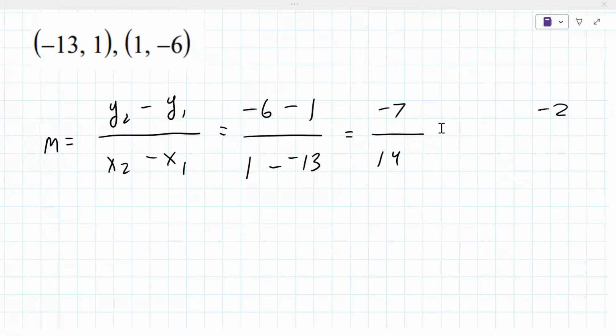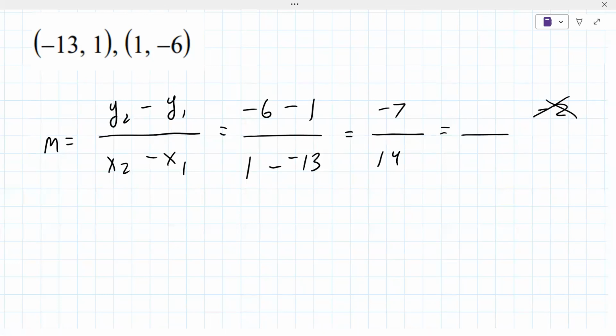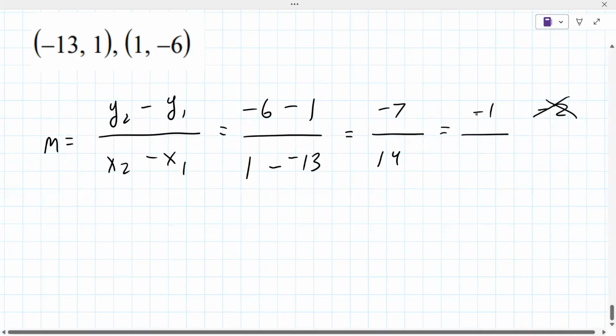So this is a fraction. So the answer is some sort of fraction. You're close, you're not a million miles off, but what is it? -1/2. Yes, perfect.